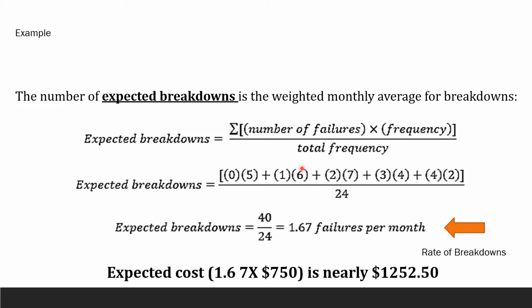After 7 months, from this point, I have 2. After 4 months, from this point, I have 3. 2 months later, in a total of 2 years, I have 10 failures. So that's the sum of failures times frequency, divided by the total frequency, which is 24.